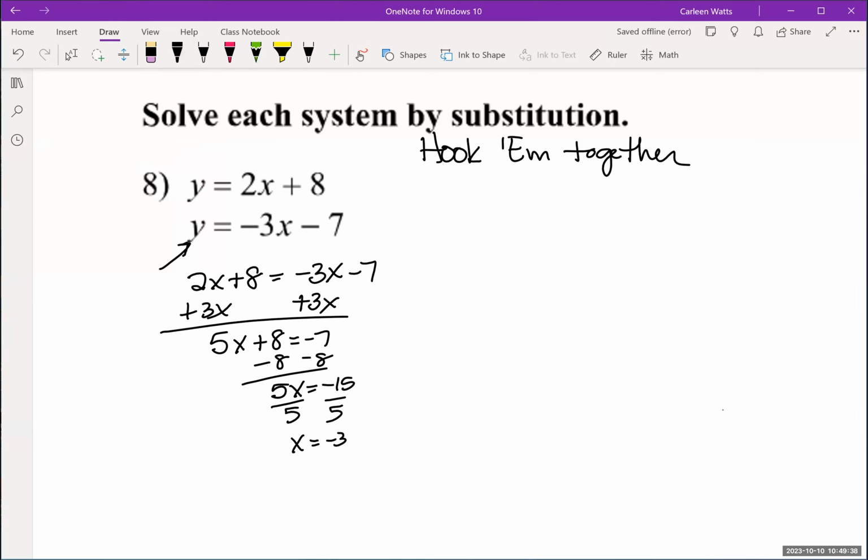Now, I'm going to plug it into both because they're so easy to plug in. And that will help me check my answer. So that's negative 6 plus 8 is 2. 9 minus 7, I get 2. I get y equals 2. Quick and easy, no matter which one I plug them into.